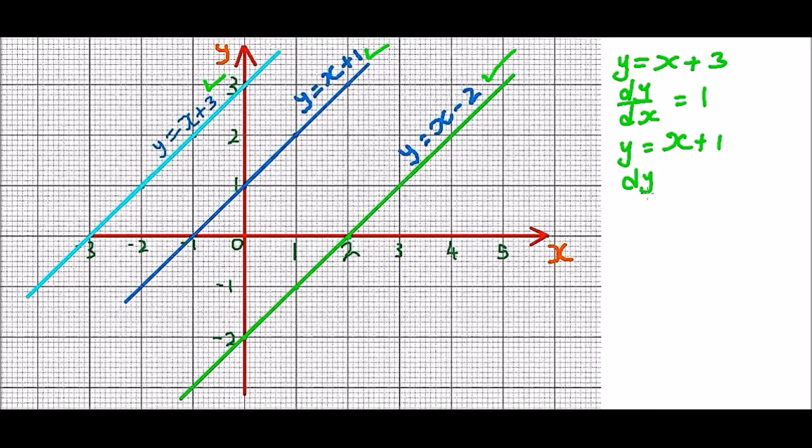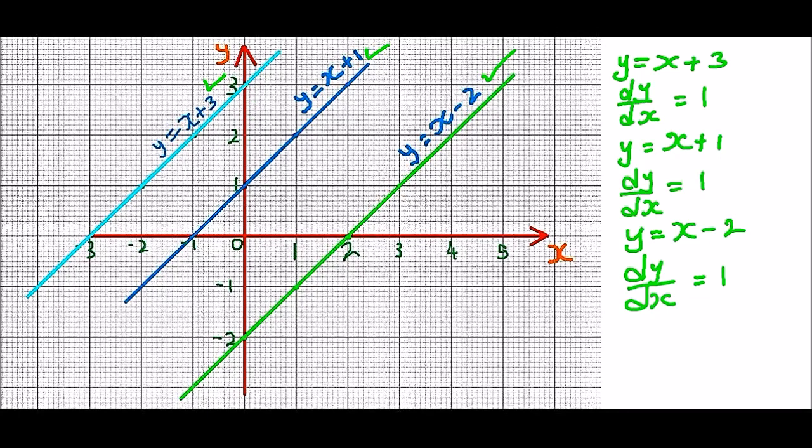Then dy over dx, that is the gradient of this line, is the same as 1. Then we have y is equal to x minus 2. We get dy over dx is equal to 1. So we find that all the three lines have the same gradient, but the y-intercept is different.